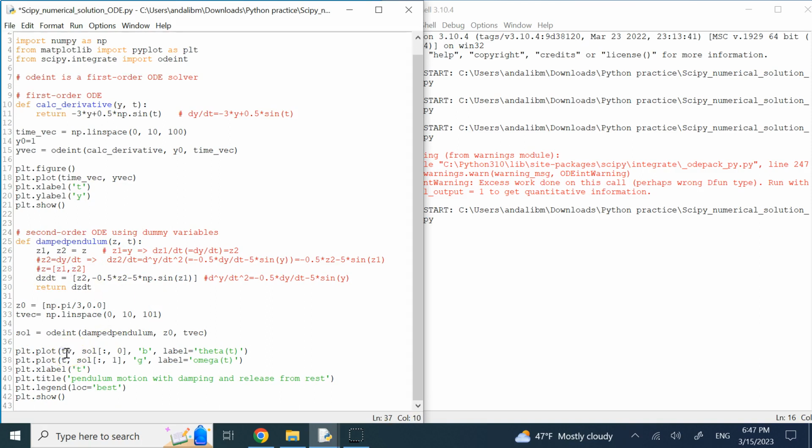That's why you see here when I'm plotting all the rows and the first column, which is theta or y, and then I plot the second column, which is omega. So I plot theta in blue, omega in green, give them a label so I can use my legend later, give it an x label, give it a title, and then finally show both of the outputs.